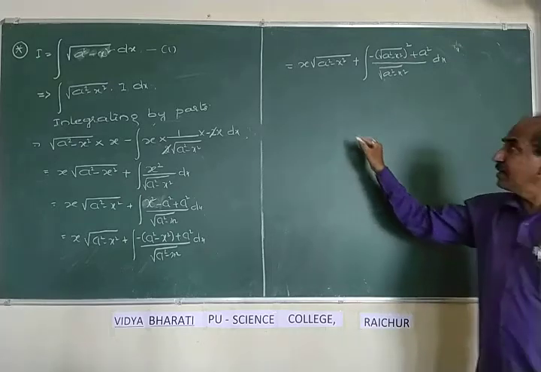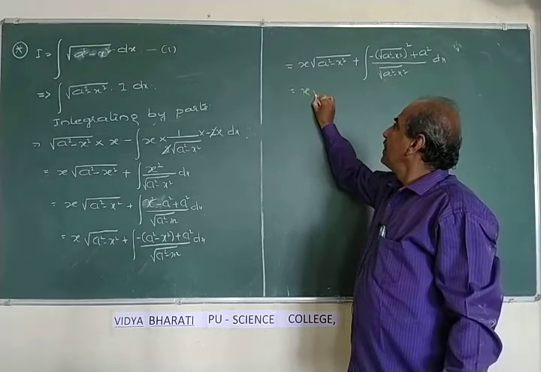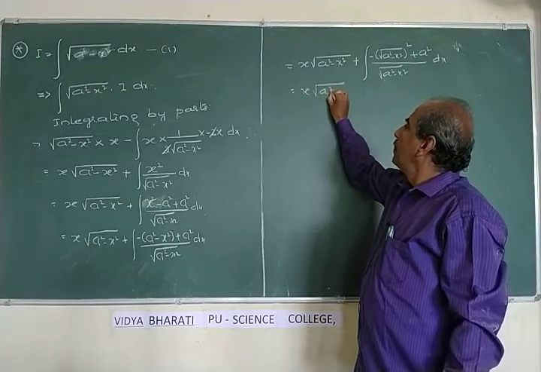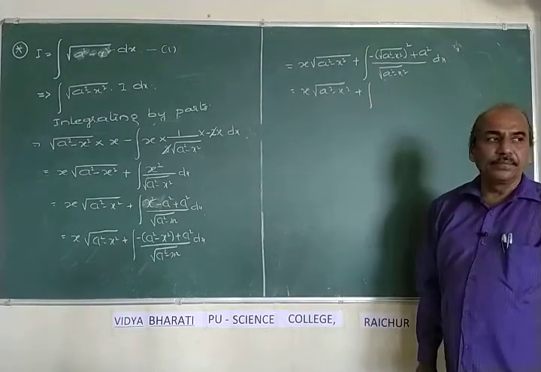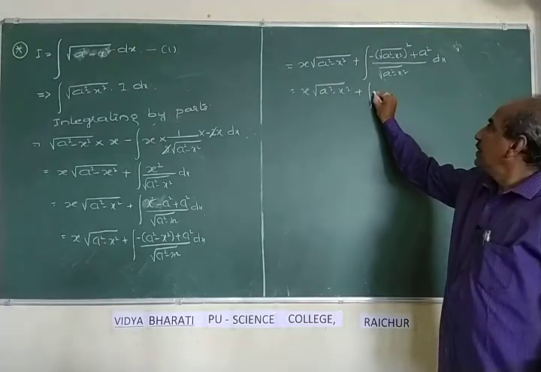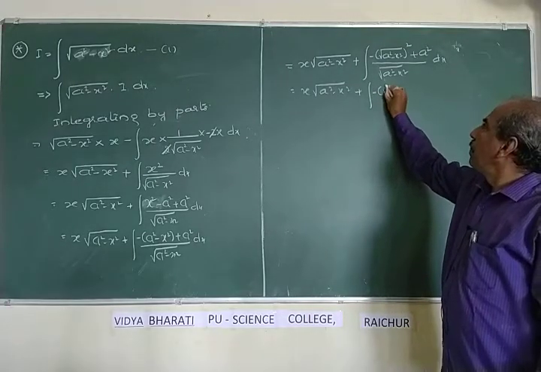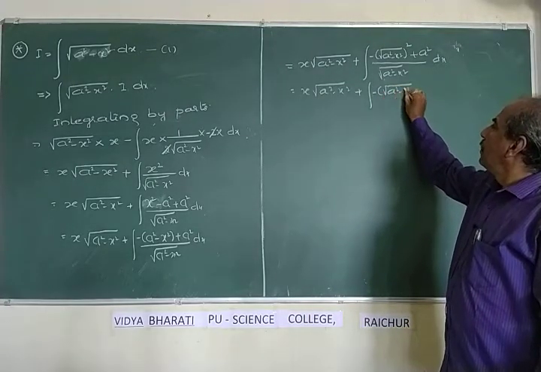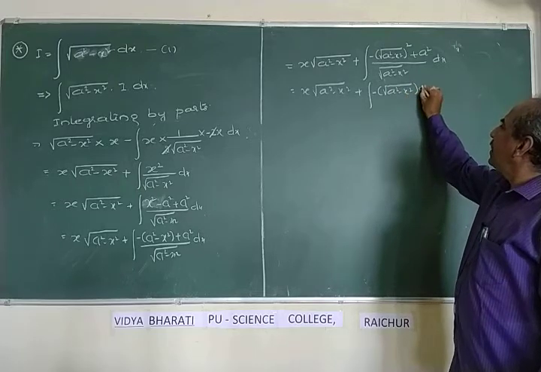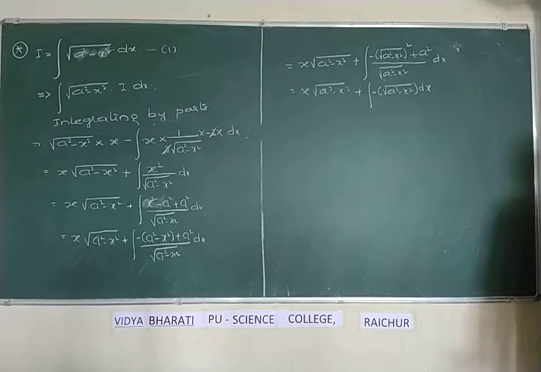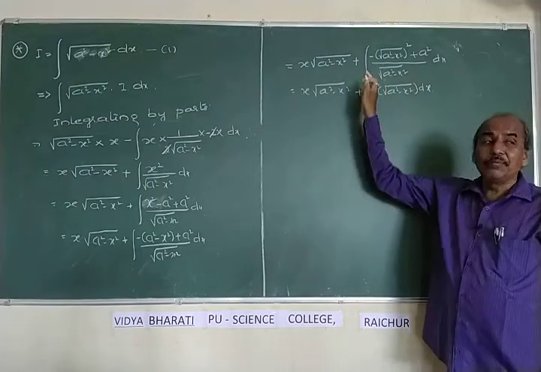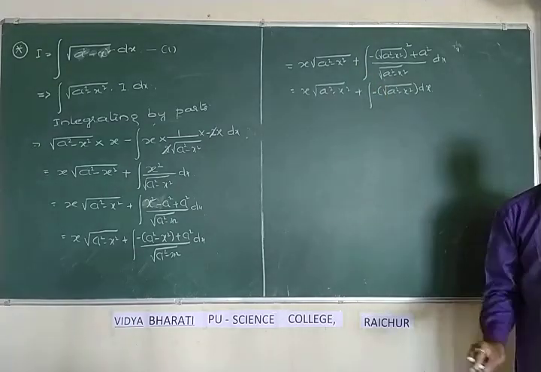Right? Separate the denominators now. X into root of a square minus x square plus of, this is minus into root of a square minus x square into dx is left. See, outside you have positive now, it makes no difference.